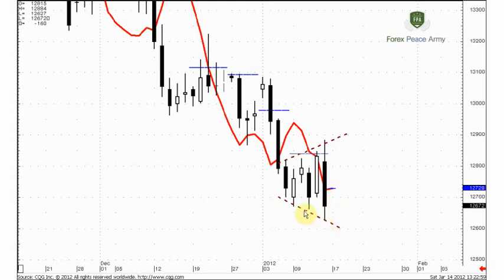Finally, the third moment that will be interesting for us is this potential broadening bottom pattern. Very often broadening bottoms become reversal patterns, and the market reverses to the upside. But maybe this will not happen this time, since if we take into consideration how price action developed on the intraday charts, on the 4-hour time frame, and how this sell-off happened, there were probably a lot of bearish moments.